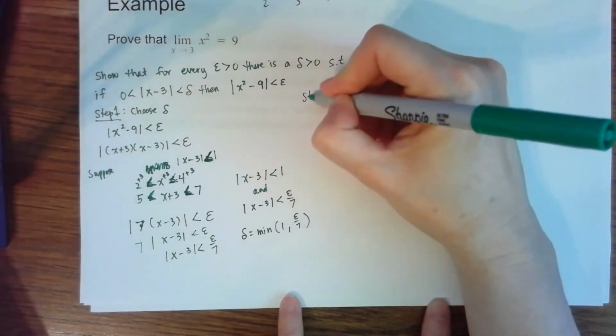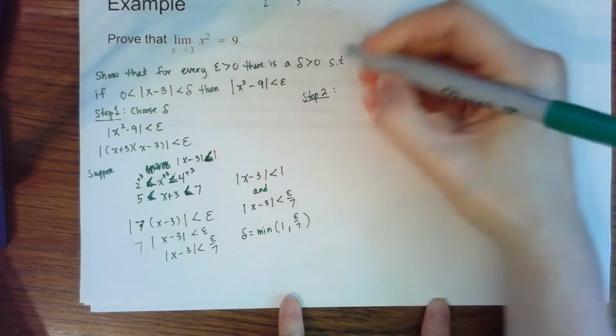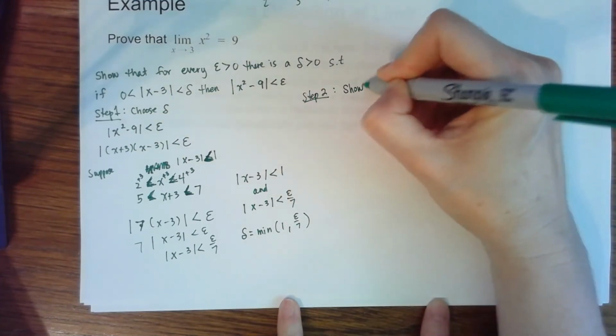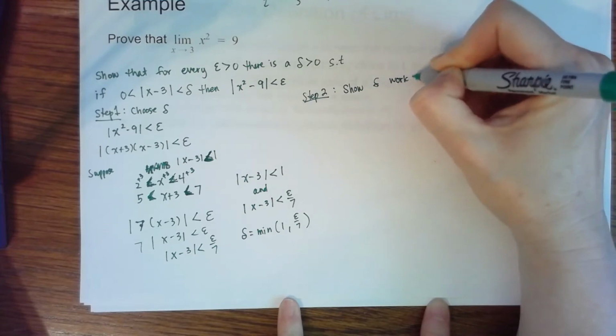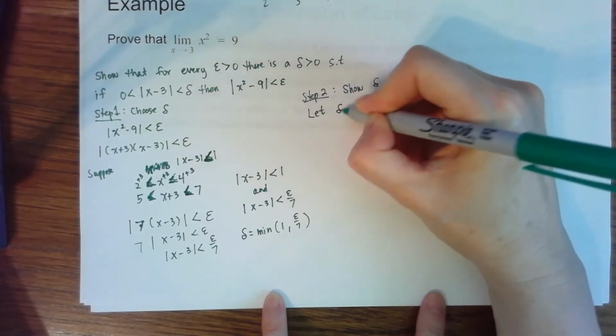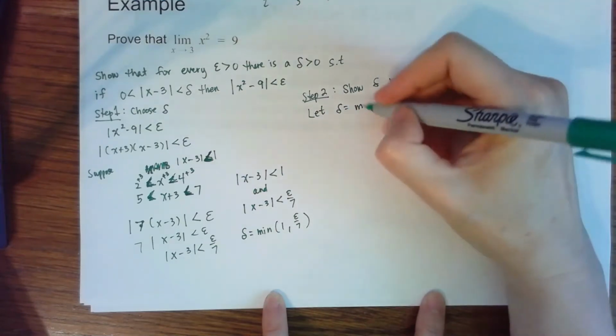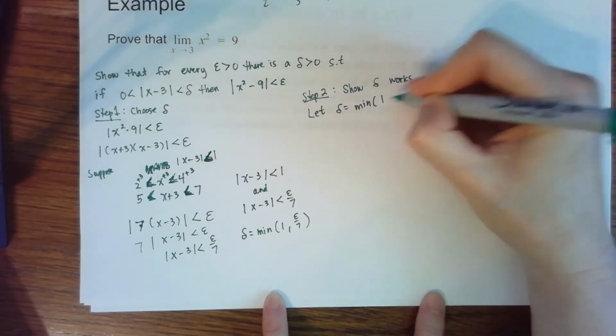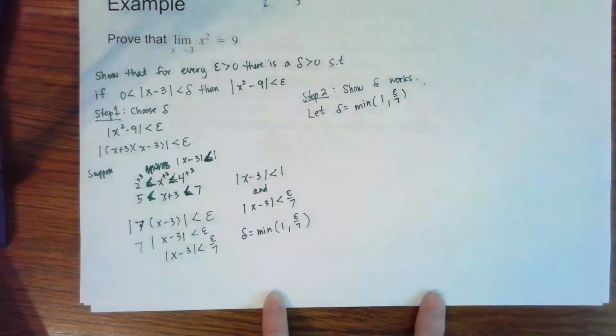All right. So step 2 is to show that it works. Okay, so we're going to say let delta be the minimum of 1 and epsilon over 7.